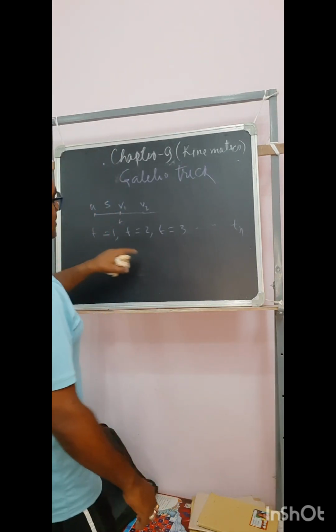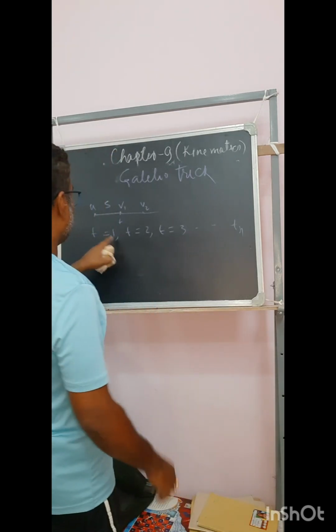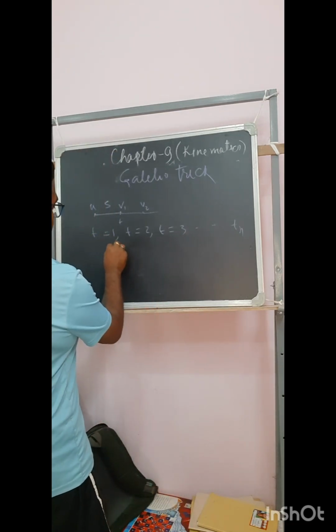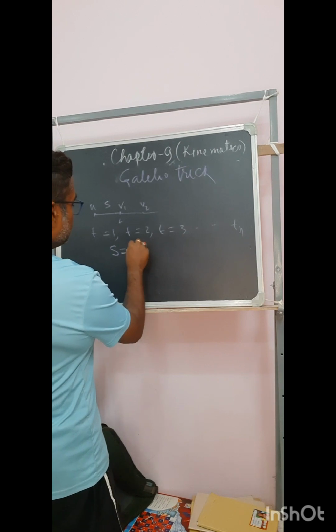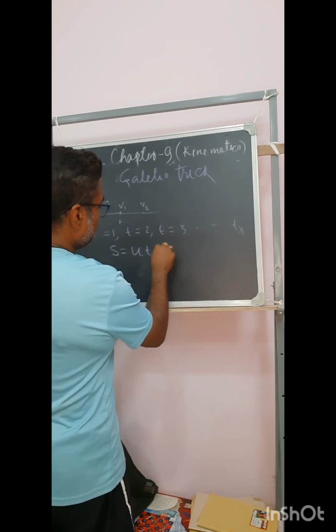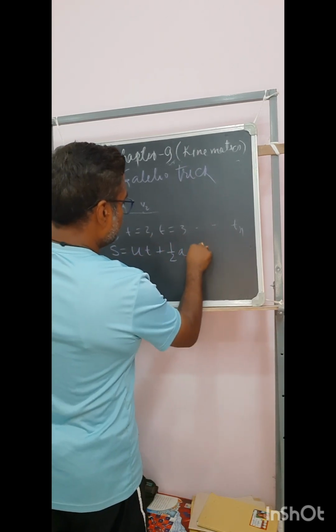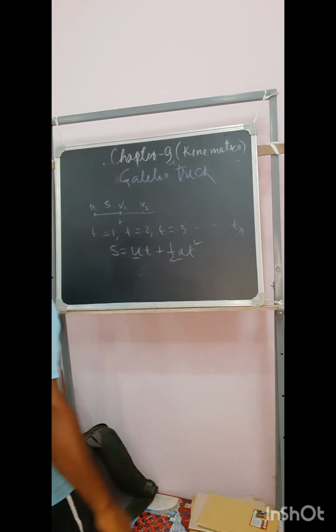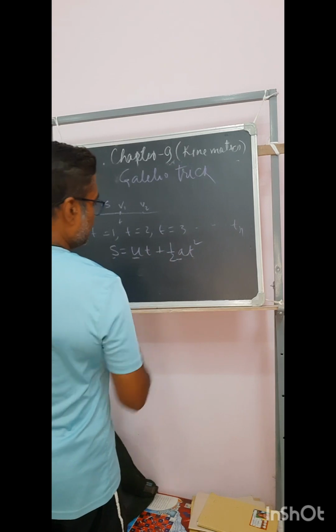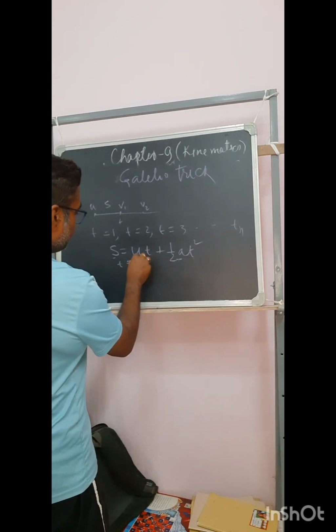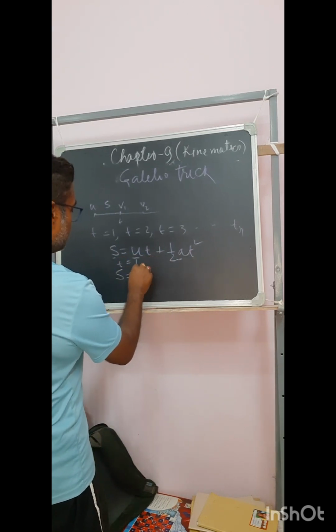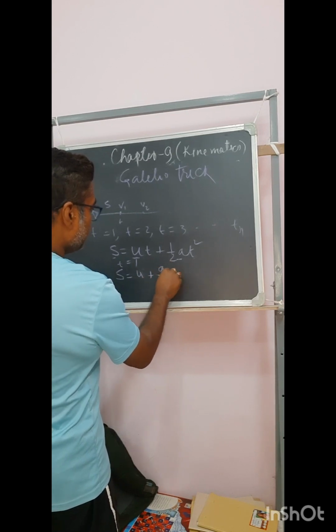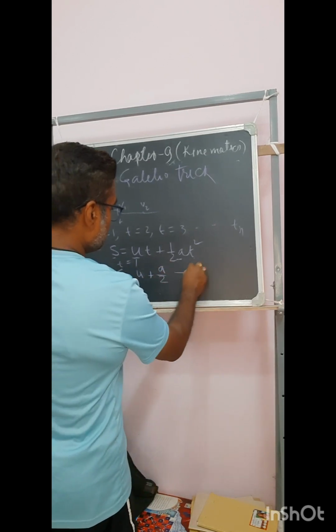Now if I consider any time, let's say t, we know the relation is s equal to u t plus half a t square. So that means here u is constant, a is constant, s is only related to t. So if I put t equal to 1, s is equal to u plus a by 2. Let's say this is 1.